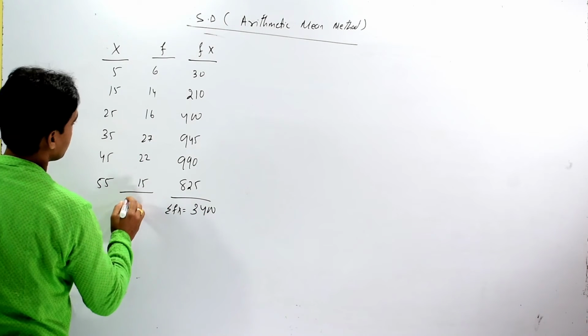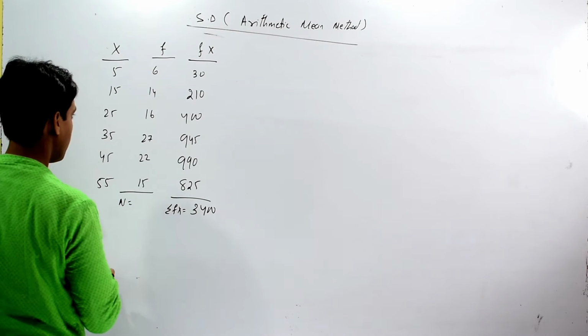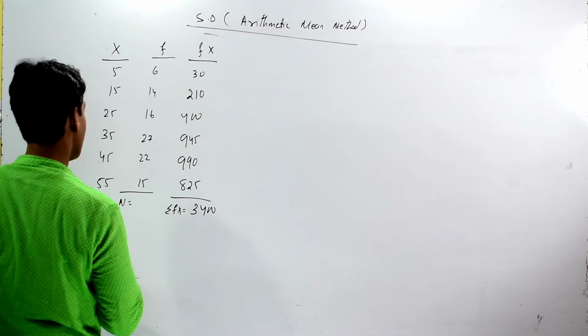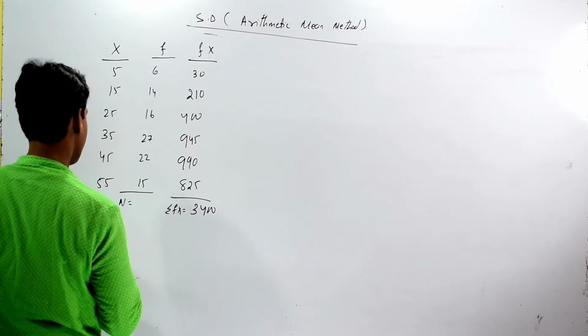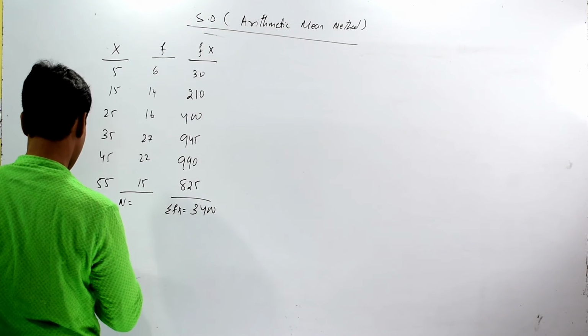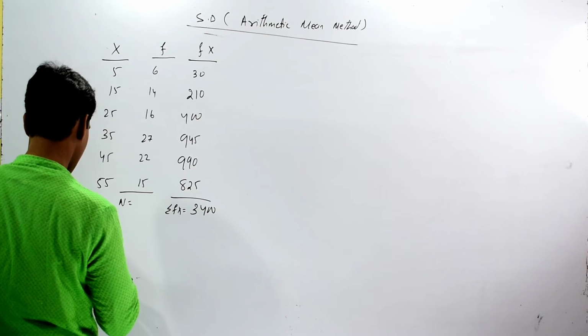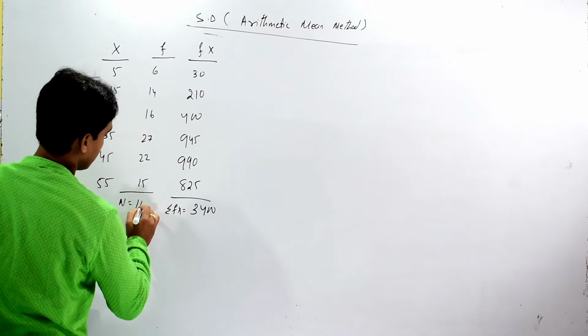So our total frequency, that is n, equals 6 plus 14 plus 16 plus 27 plus 22 plus 15 equals 100.